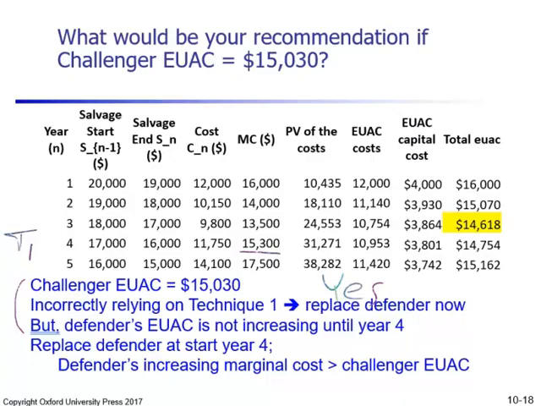So do the replacement at the beginning of year 4. At the beginning of year 4, we don't want to use the defender anymore because it costs us 15,300 per year. But if we use the challenger, it costs us $15,030. So we go with the replacement.